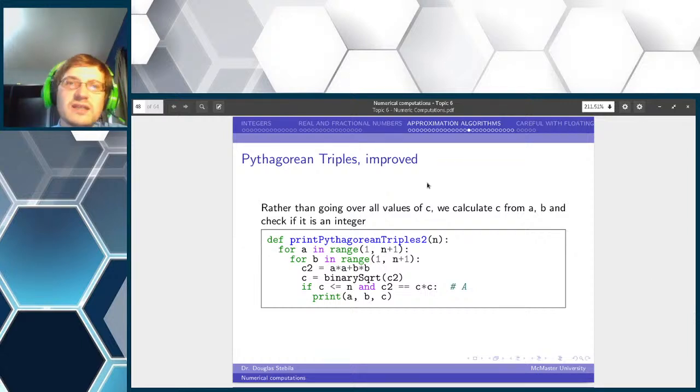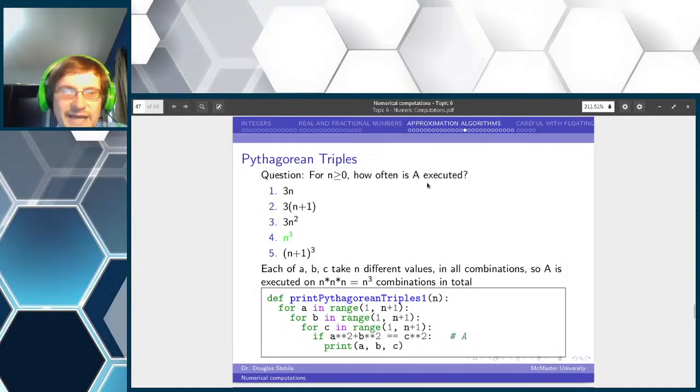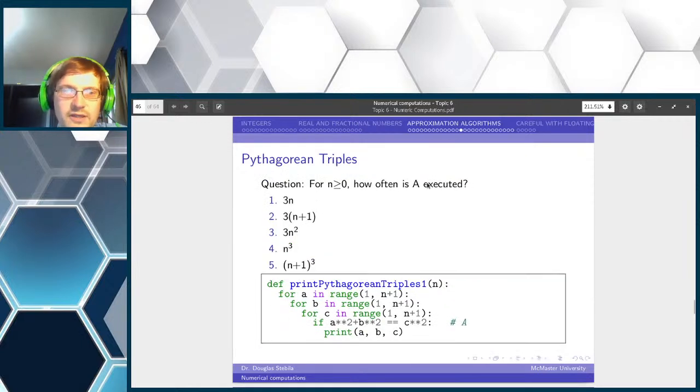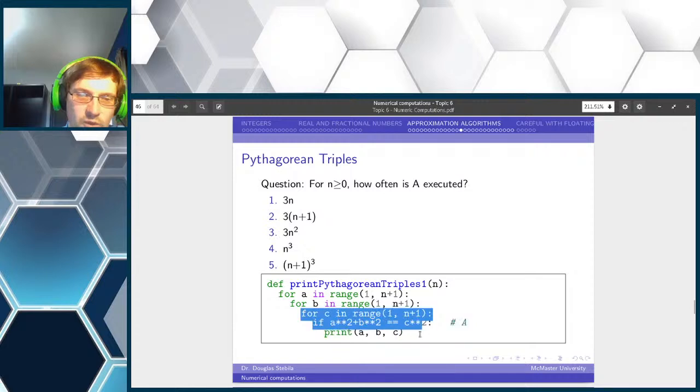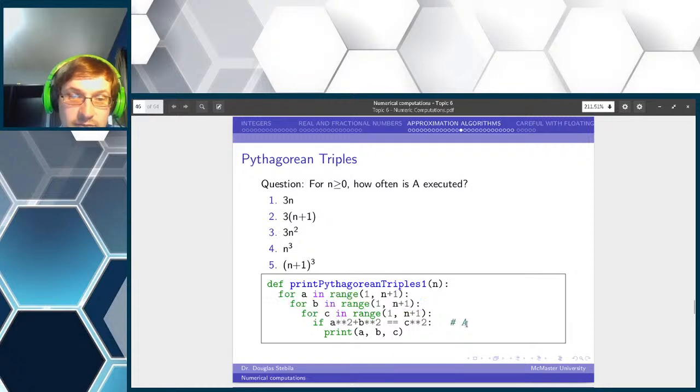We can immediately, by making a simple observation, exclude a large number. We can actually eliminate one of these loops entirely, because this algorithm, as it's currently written, checks each value of c in the range to see if a squared plus b squared is equal to c squared.